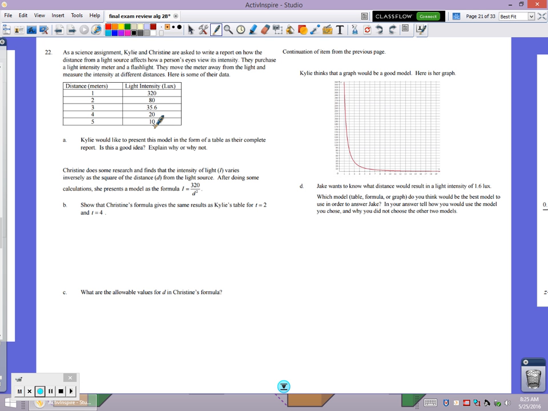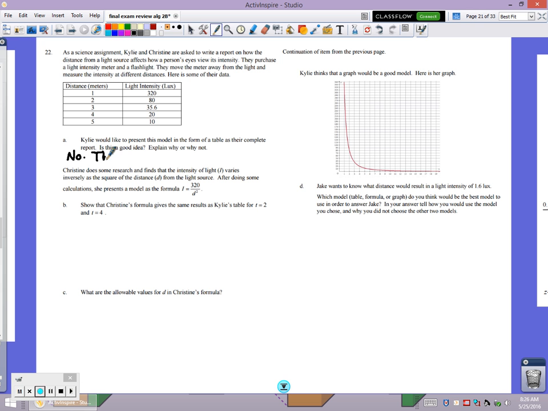Well, we're given some data, but we don't really know exactly what the relationship is between the distance and the lux. So I would say probably not. This would probably not be a great final report.